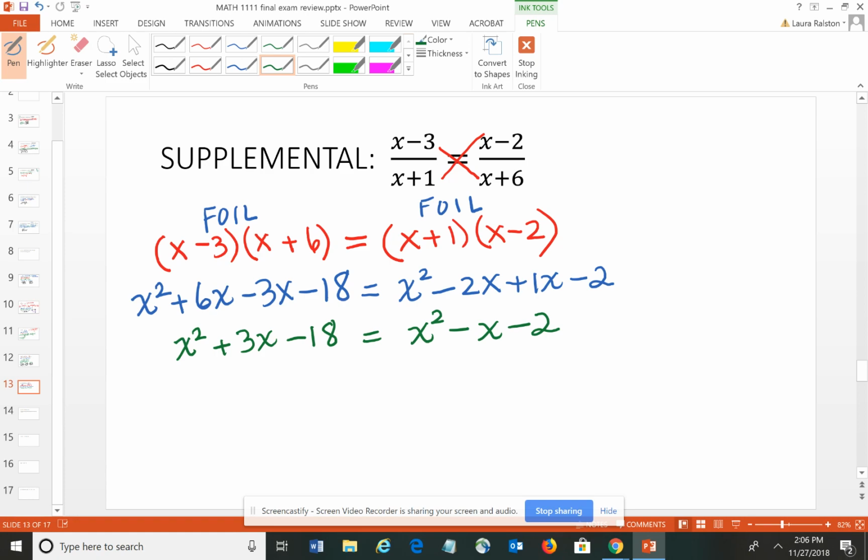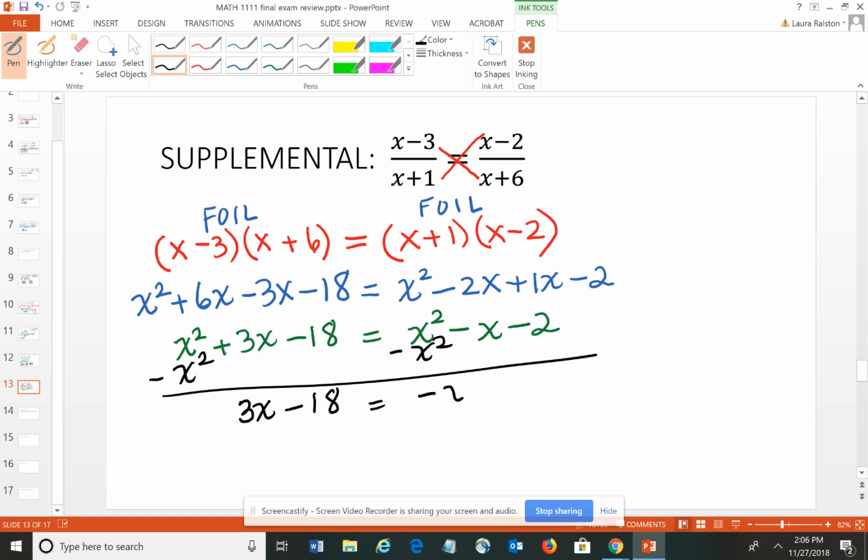And then I need to get all of the x's together and all of the numbers together. So the first thing I'm going to do is subtract x squared from either side so that I have 3x minus 18 equals the opposite of x minus 2.